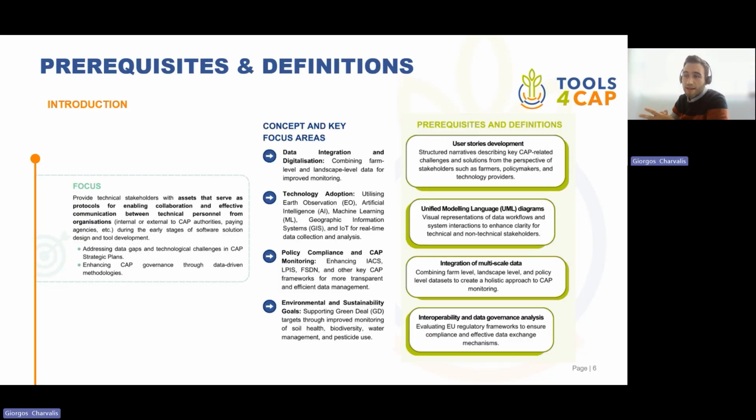And by communication we mean to know what the needs are during the early stages of a software solution design. So overall, we try to enhance the CAP governance with a data-driven methodology.